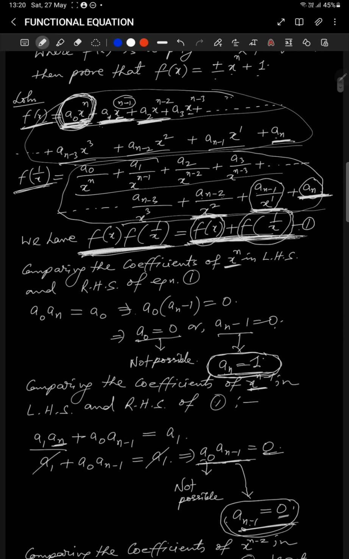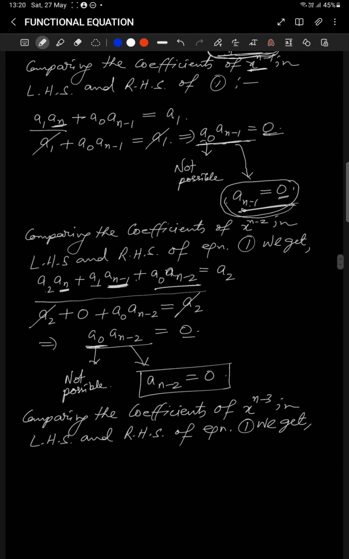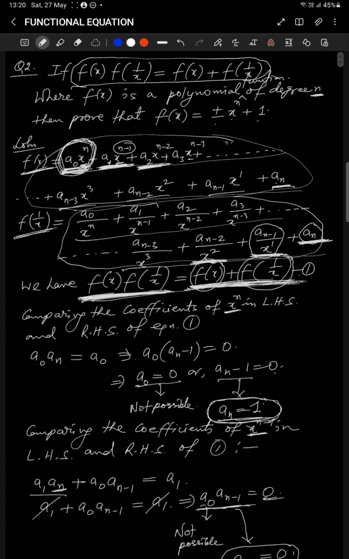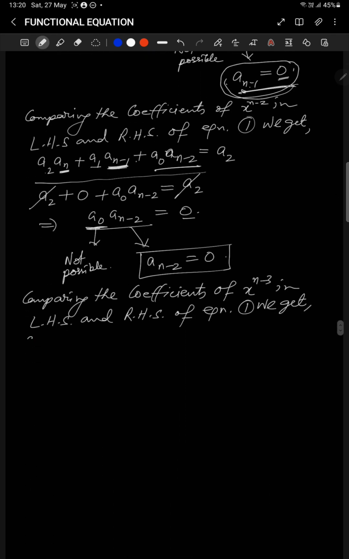Let us see, we have to get x to the power n minus 3. Yes, x to the power n minus 3 is present over here. If we multiply to a subscript n, then we will be getting x to the power n minus 3 and the coefficient will be a3 an. So the first coefficient is a3 an plus.